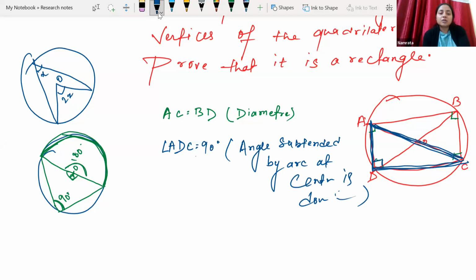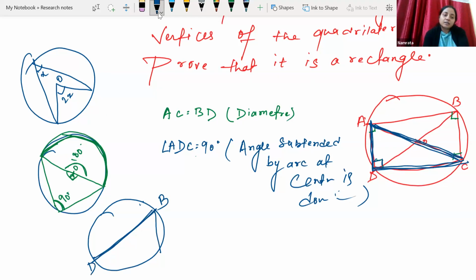Now, if we focus on this chord BD, or diameter BD, then can we say that this angle C will also be 90 degrees? Yes or no? So we will say angle BCD will also be 90 degrees.